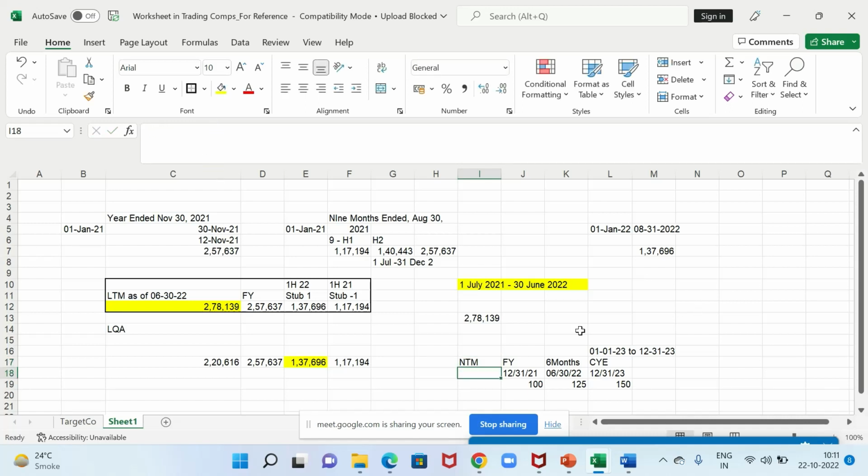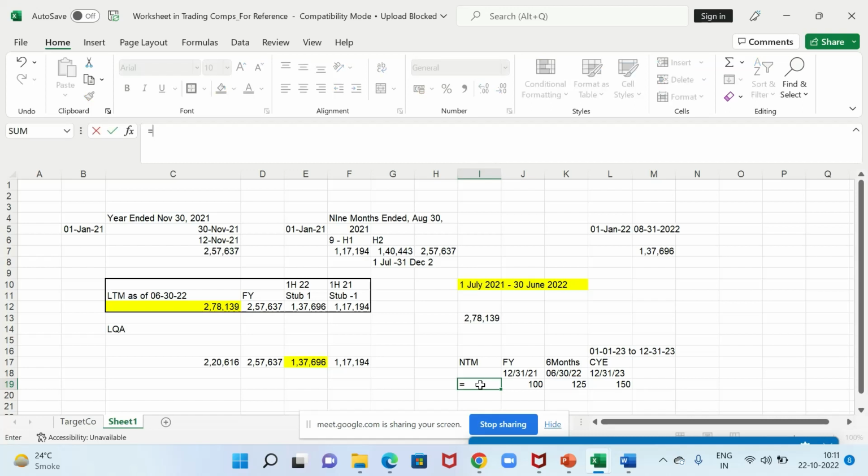These are the three numbers that are available to us. I have to calculate the next 12 months. How do I calculate it? Anyone?